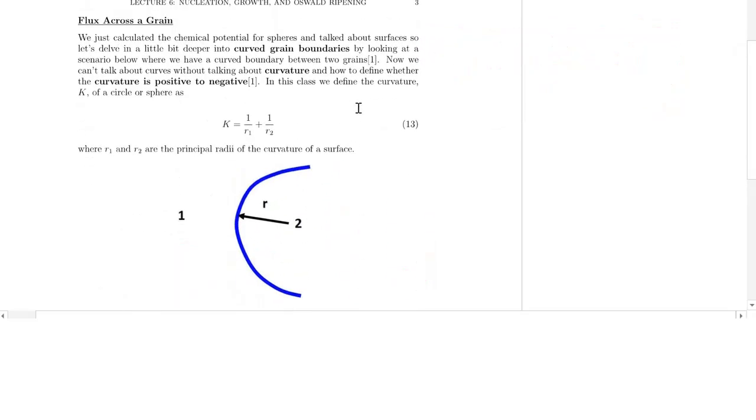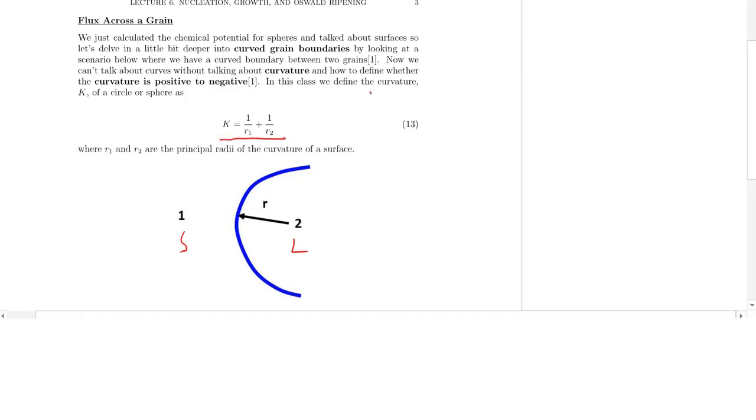So in general, when you have this curved interface separating material 1 and material 2, remember, this could be either a solid or liquid. Again, this is just a general case. But if I have this interface separating these two materials, the general expression for curvature is this.